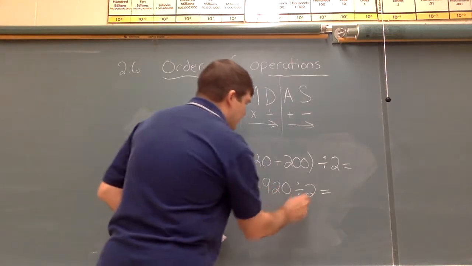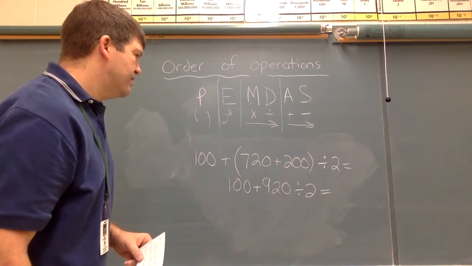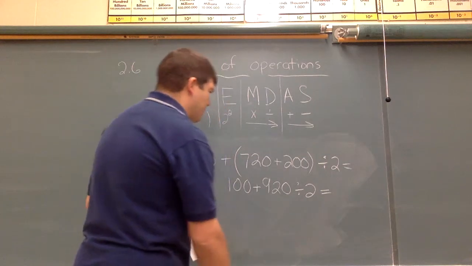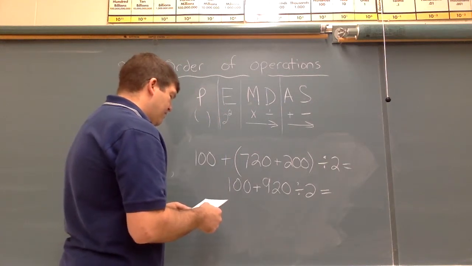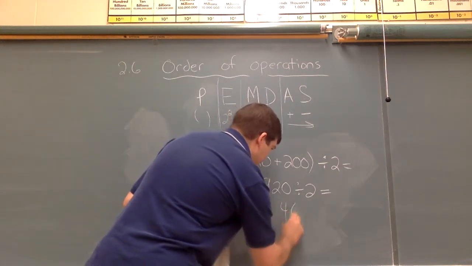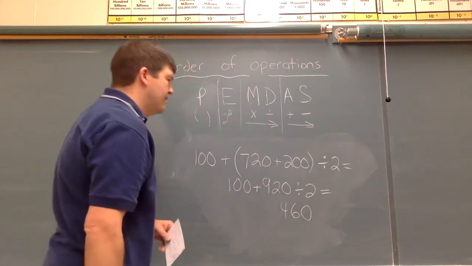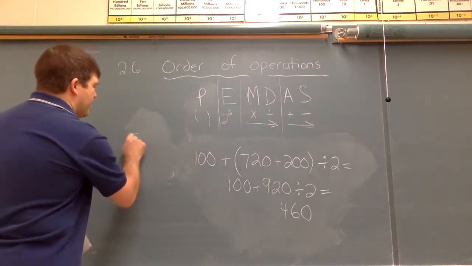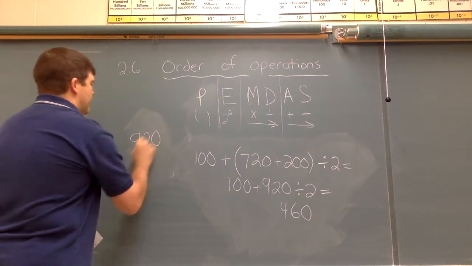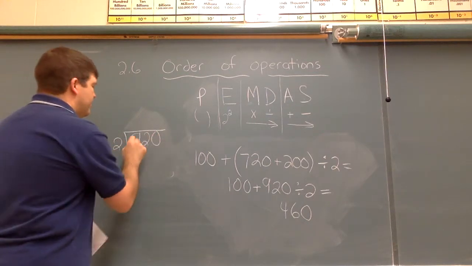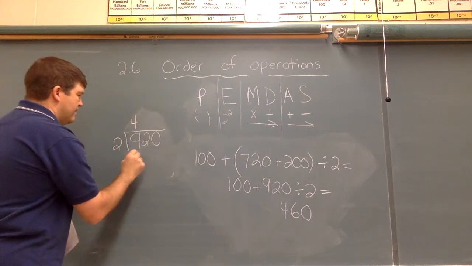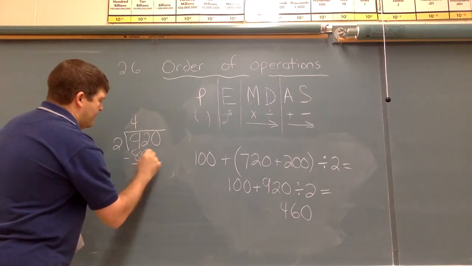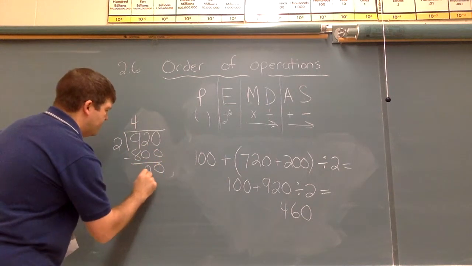So 920 divided by 2 is 460. Okay, and the way you can do that, you can come over here, do 920 divided by 2. 2 goes into 9 four times, 4 times 2 is 8, 1. And you bring these down, 12.